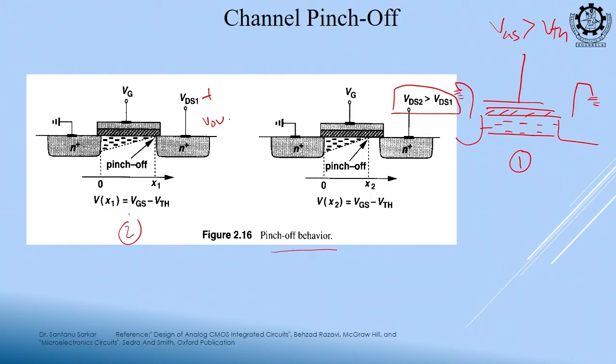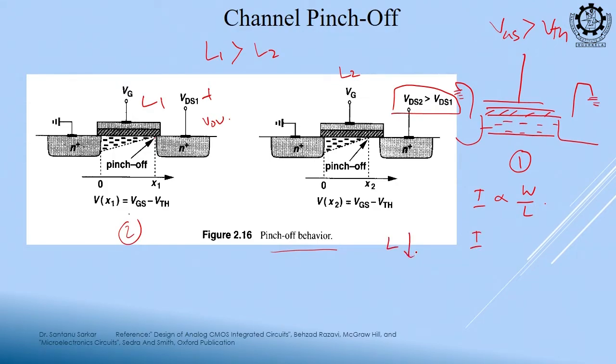Now, can you tell me, previously my channel length was L, and as I increase my VDS, the channel is moving away from the drain. Suppose this is L1 and this is L2, which one is higher? L1 is higher, no? So, if we increase the VDS, it is as if my length is decreasing, and my current is proportional to W by L. So, if L is reduced, what will happen to the current, increase or decrease?